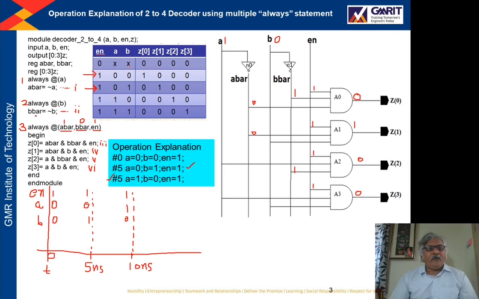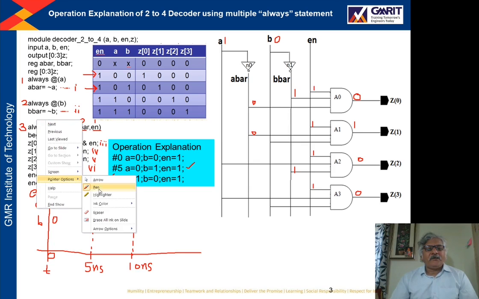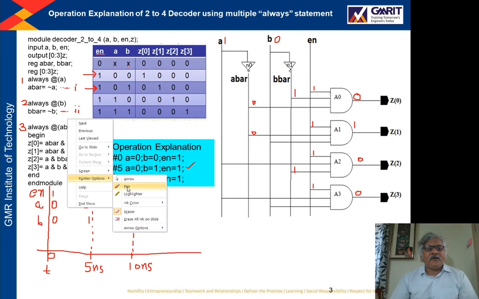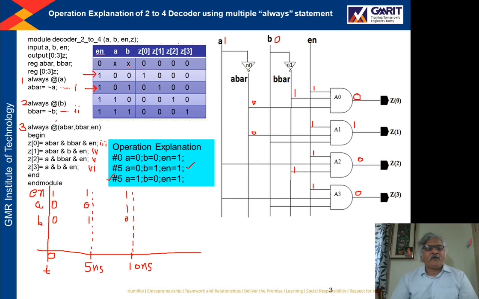So now if the value of a bar and b bar changed, this means the event occurred on a bar and b bar, and due to this event, always block number 3 will execute, right? This will also execute because a bar and b bar are in the sensitivity list of always block number 3, and once it is activated, all the statements inside this always block will be executed. That is statement number 3, 4, 5, 6.